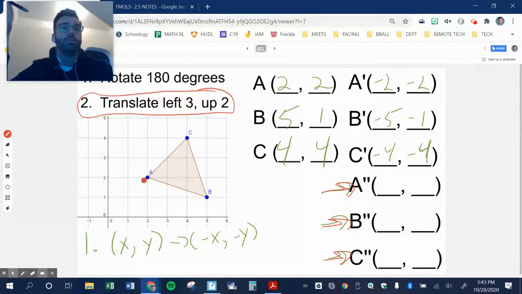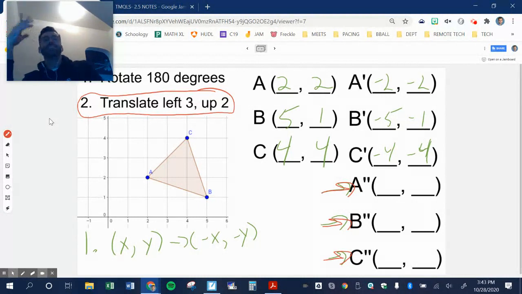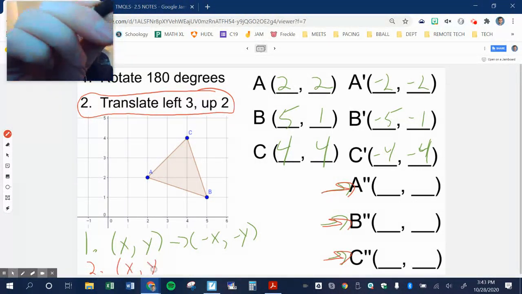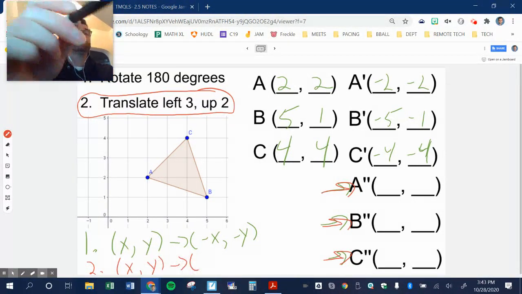So as we're thinking, if I want to shift to the left 3, what am I doing? My x's are getting smaller.